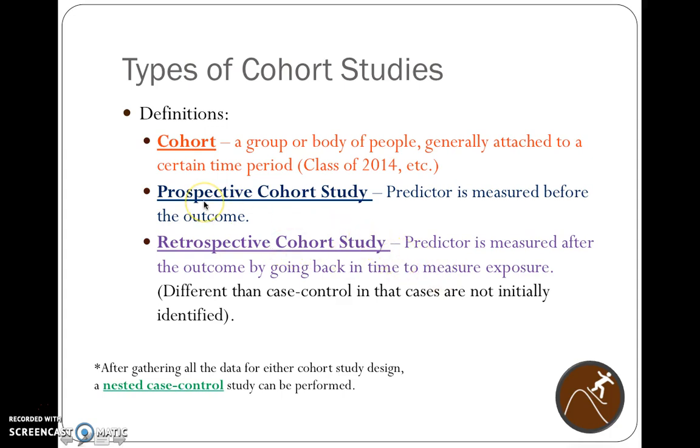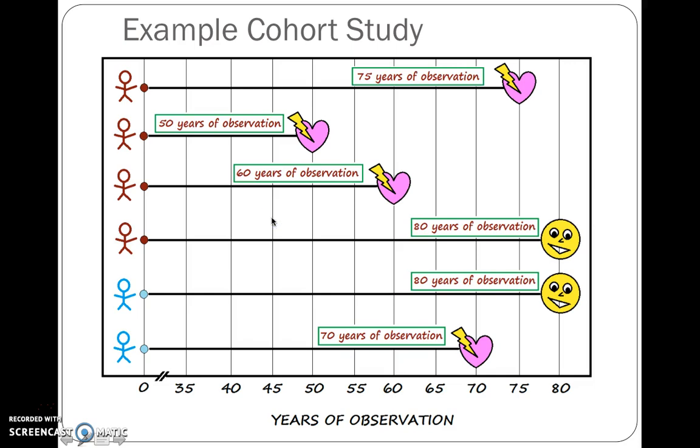But the prospective cohort studies are the design that most folks often think of. So you have big studies like the Framingham heart study where maybe people are enrolled at birth and we might follow them until they have a heart disease or maybe even later. So we gather all these years of observation before they ever get sick.